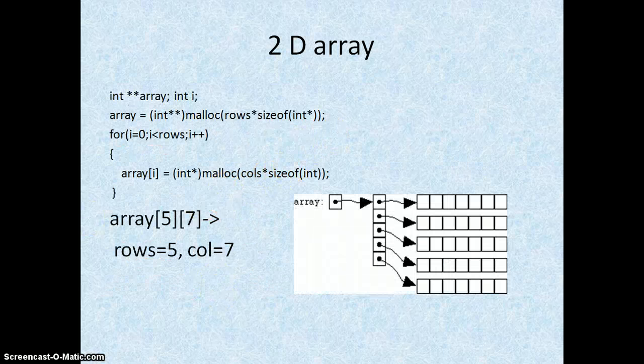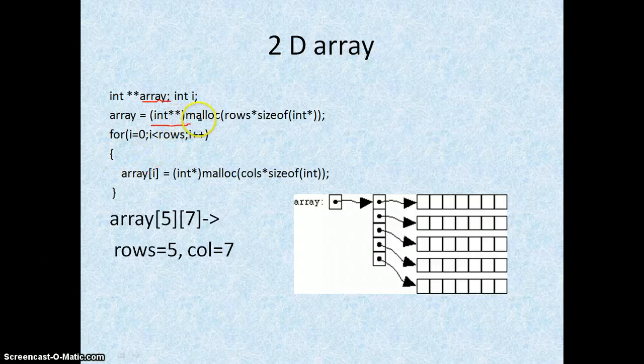Let us take an example here. Array is a pointer to pointer of type integer, and we have to use malloc in this way, with this typecasting.